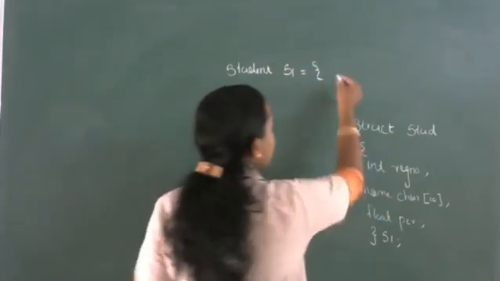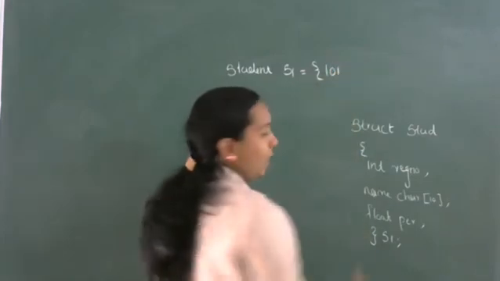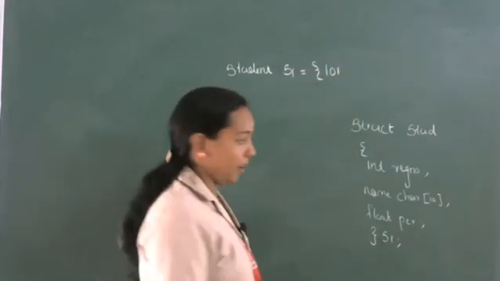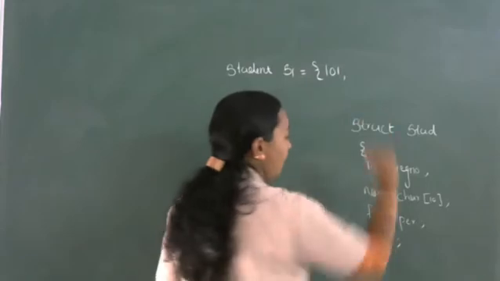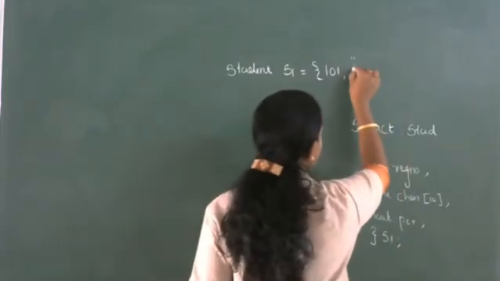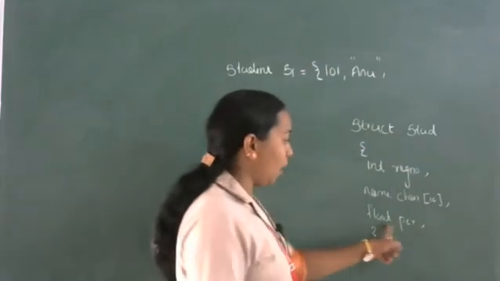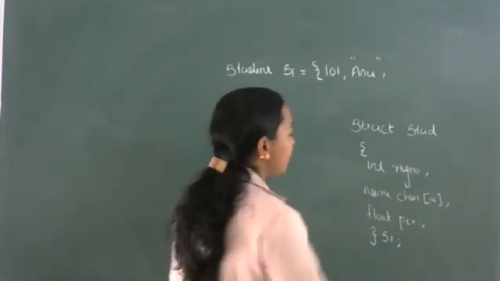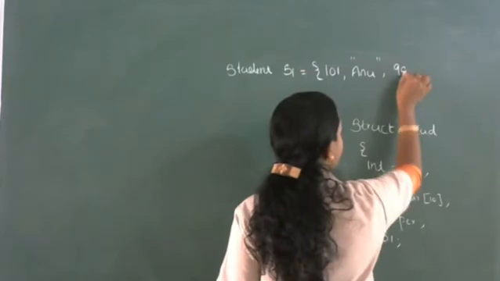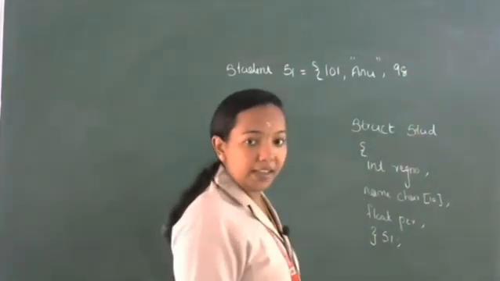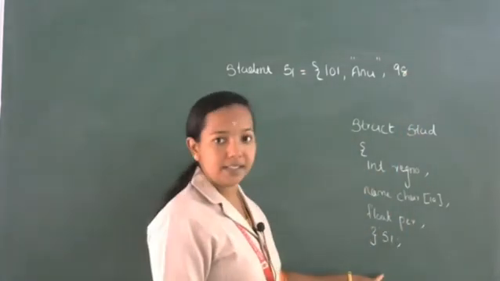Register number. Here I am giving 101 as register number. Then after that, the name of the student: here I am giving Anu as name. Then float percentage, 98%. So I have given 3 values to this structure.